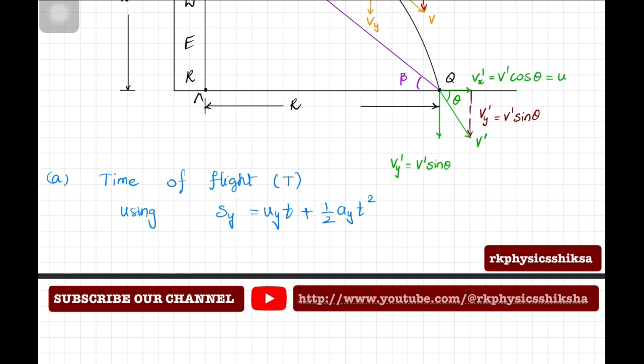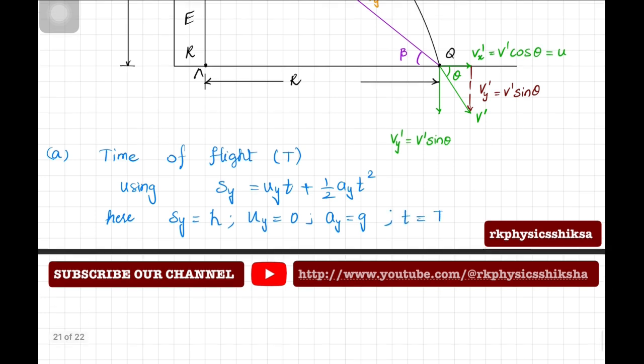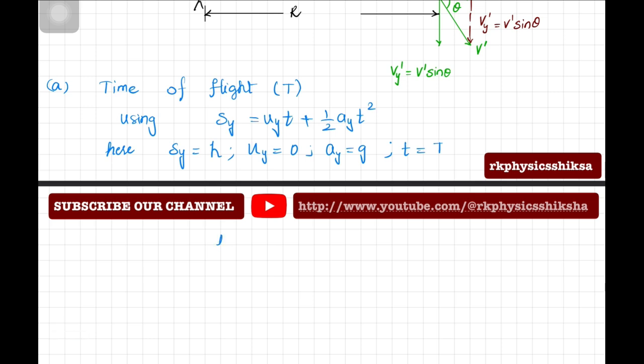Here I substitute Sy is equal to the height of the tower, which is h, uy is equal to the initial vertical component of velocity, which will be 0, ay is equal to g, and t is equal to capital T. Substituting these values, I'll get h is equal to half g capital T square, from which I can calculate the time of flight T as root of 2h by g. Root of 2h by g. This will be the time of flight.